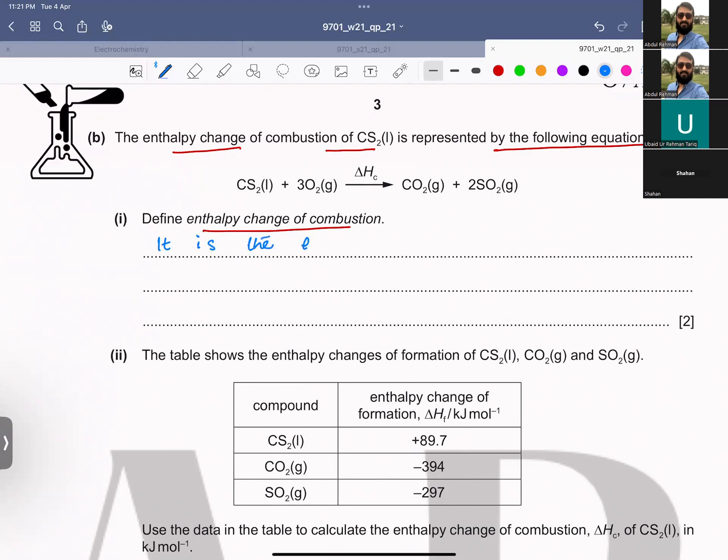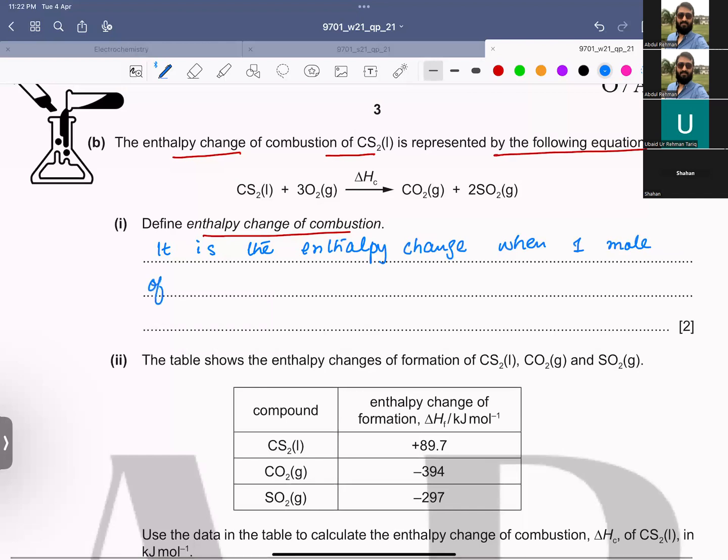It is the enthalpy change when 1 mole of a substance, and when we say substance over here, it can be a compound or an element, burns in excess oxygen.